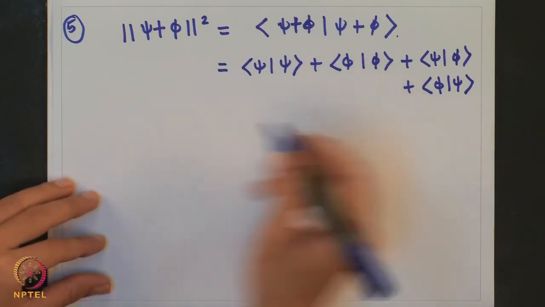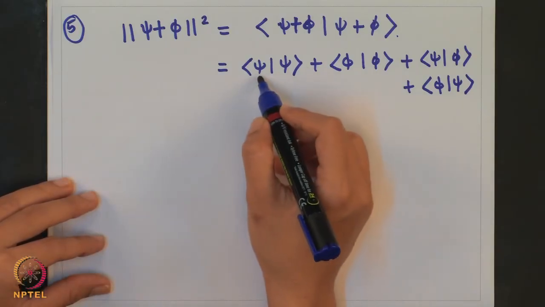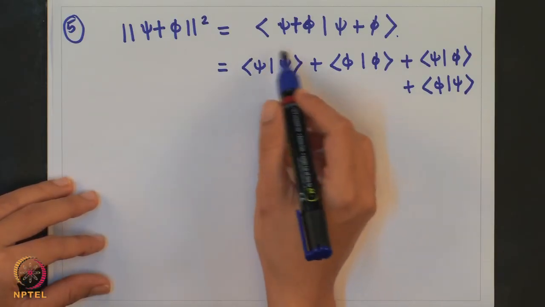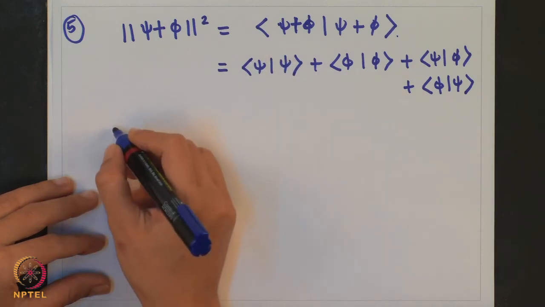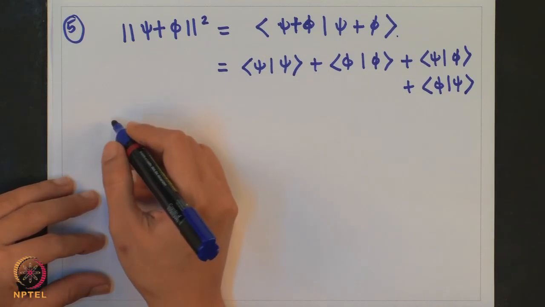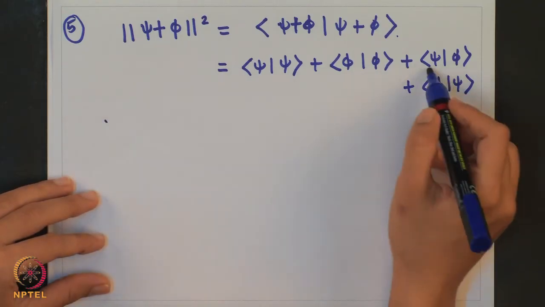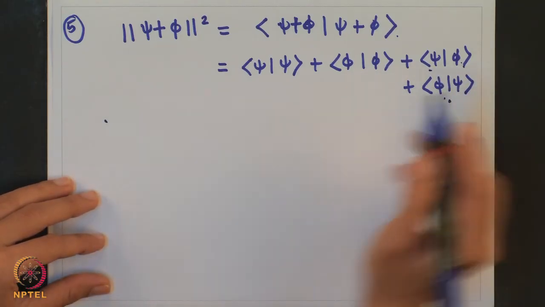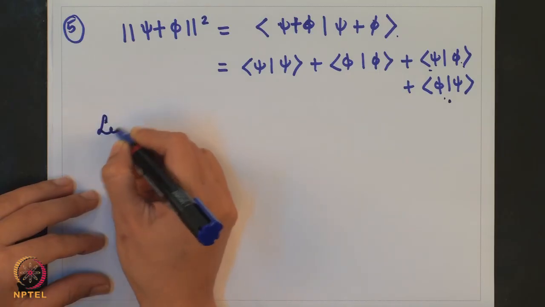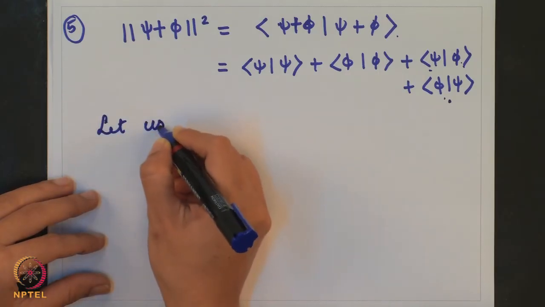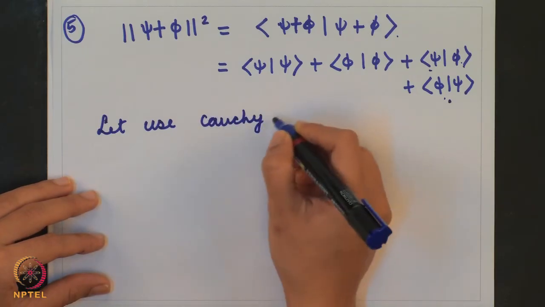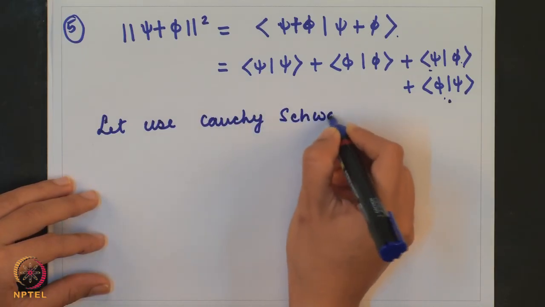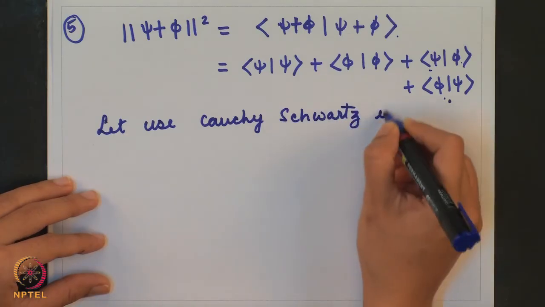We know the norm of a vector is always greater than or equal to 0. So, now we have to worry about these two, are they equal. So, let us use the Cauchy Schwarz inequality.